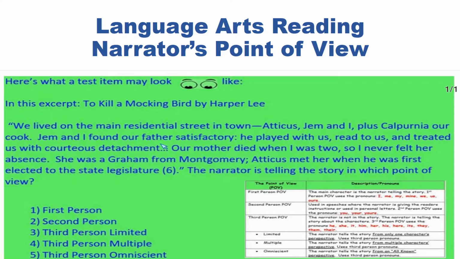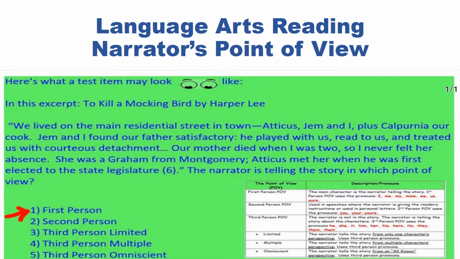And so just by being able to identify these pronouns or being familiar with these pronouns that are associated with your first person point of view, you're able to tell that this narrative is being told by the narrator in the first person point of view. And so, in terms of answering our question, the narrator is telling the story in which point of view, we know that the story is being told in the first person point of view.